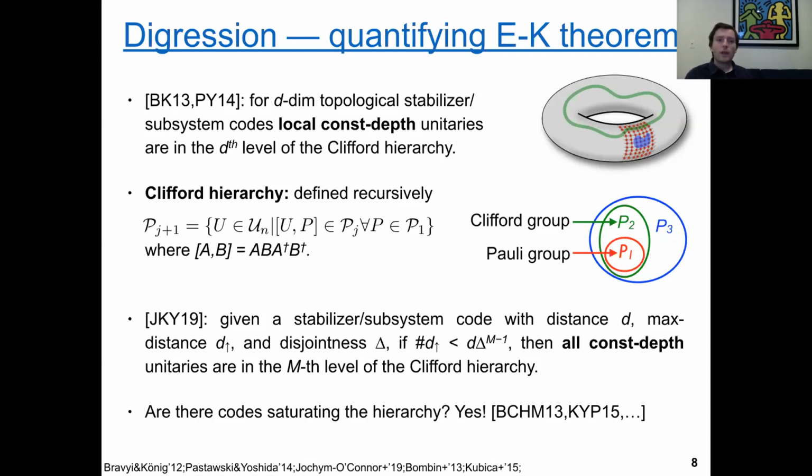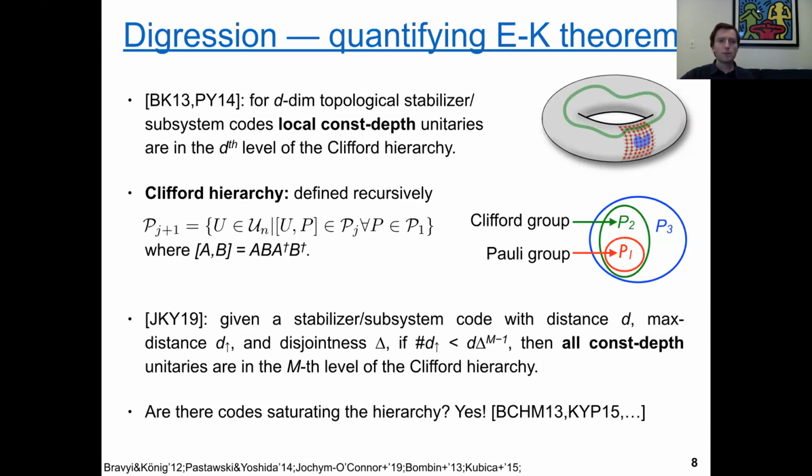For instance, if we consider the color code family in d dimensions, or even d copies of the d-dimensional toric code, both of those code families will have gates from the dth level of the Clifford hierarchy. In particular, if we consider the three-dimensional color code, or three copies of the three-dimensional toric code, they will have gates from the third level of the Clifford hierarchy. And as I told you earlier, those gates are necessary in order to achieve universal quantum computation.